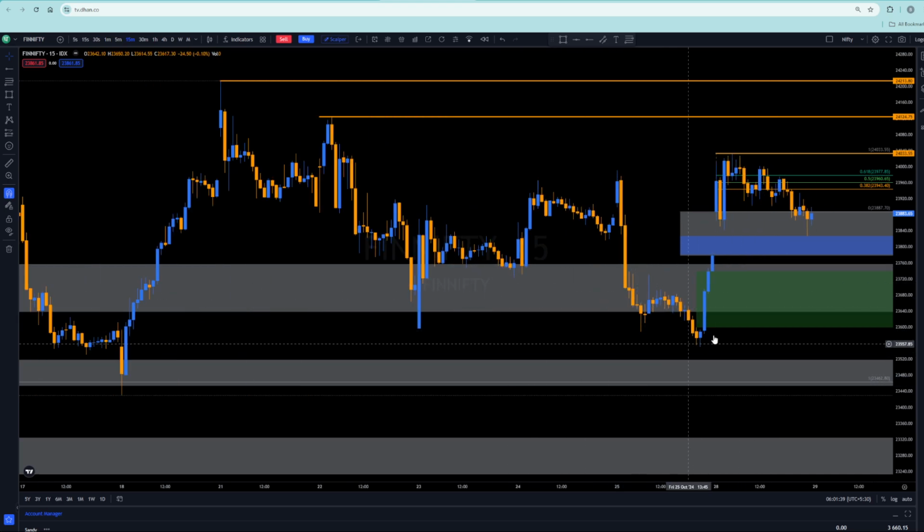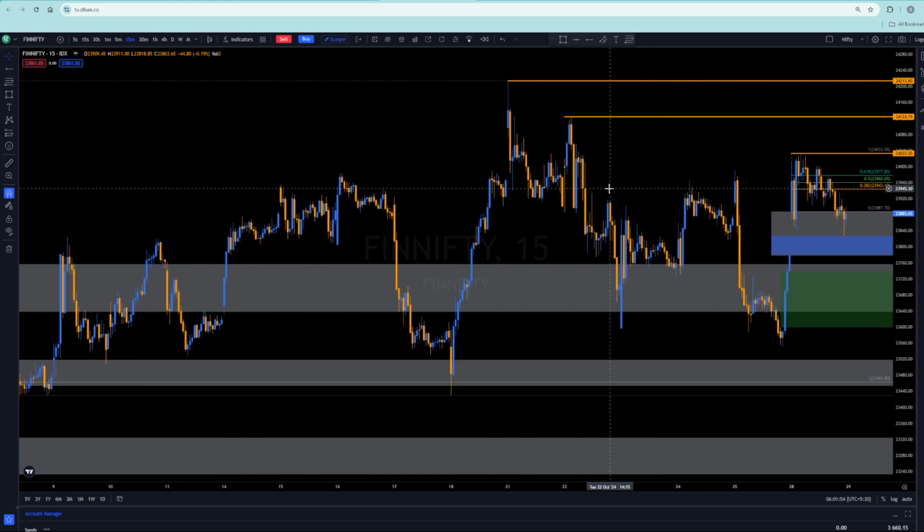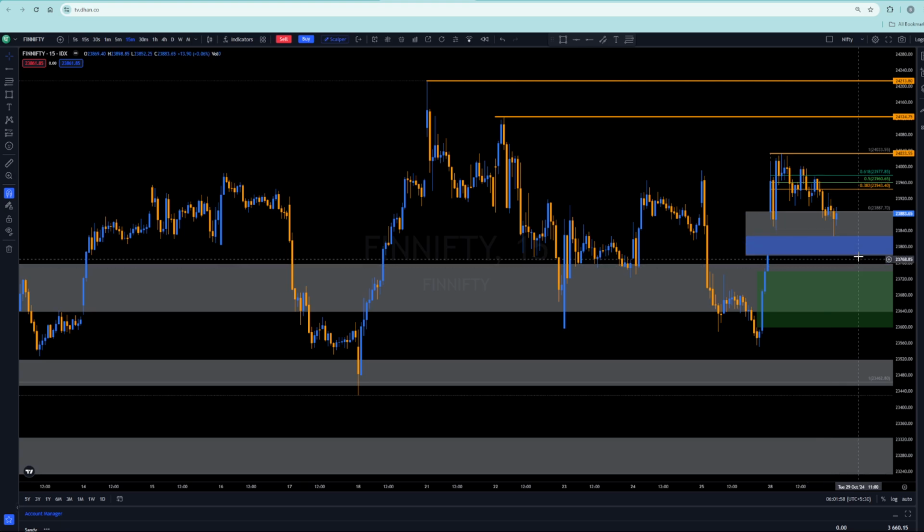So today's expiry is pretty crucial to understand whether this balanced price range is valid or not, because the market will not stay in the same range for this long, right?